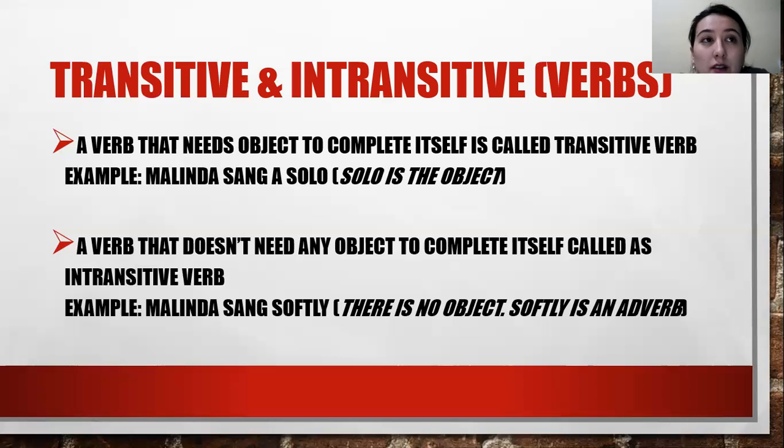Softly is an adverb and it describes the word sang. It describes a verb. This is not an object. So in this case, the word sang is intransitive. This means that verbs sometimes can be transitive, sometimes intransitive. We have to see the context. We have to analyze the text.